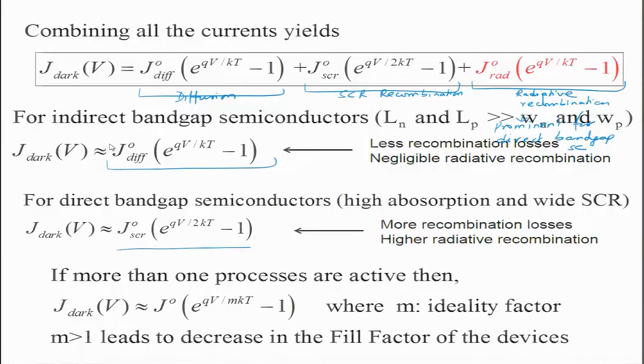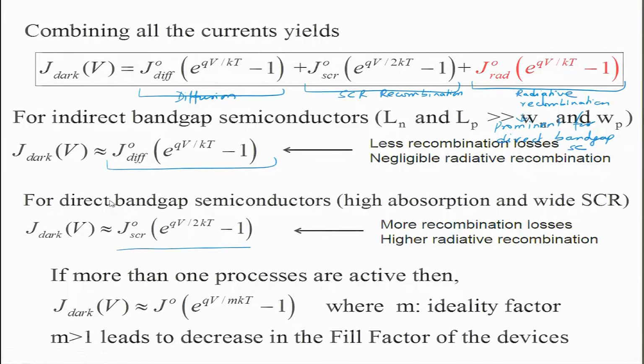If you have an indirect bandgap semiconductor, generally it is observed that radiative recombination is lower and space charge recombination is also lower. As a result, in an indirect bandgap semiconductor, because you have less recombination, and if the diffusion lengths are larger than the junction width, or space charge region width, then your dark current is predominantly diffusion limited.